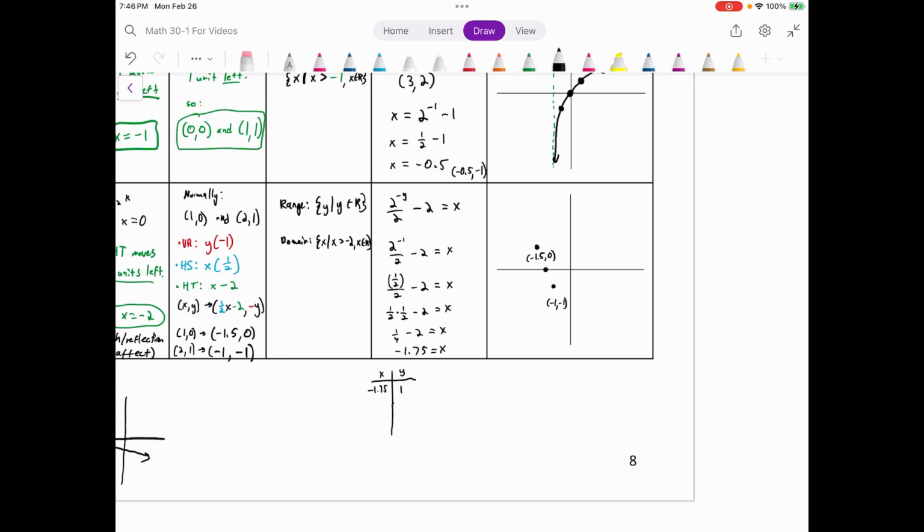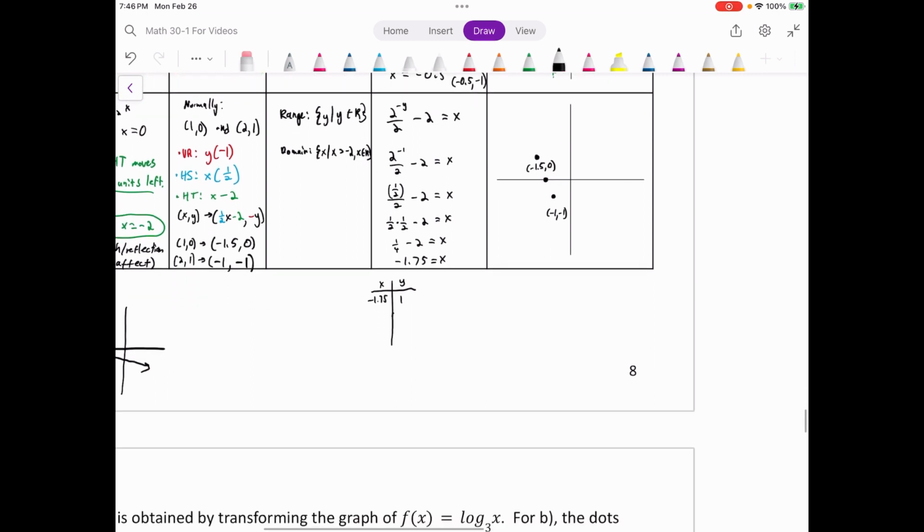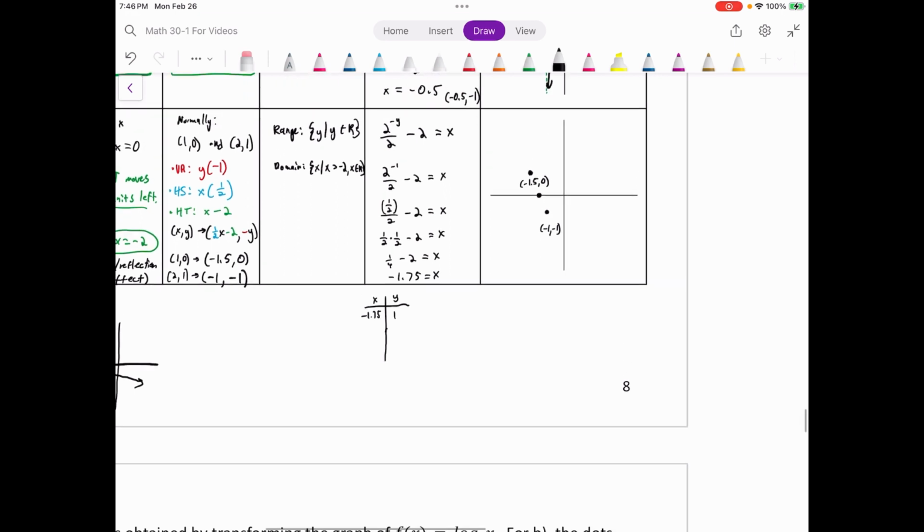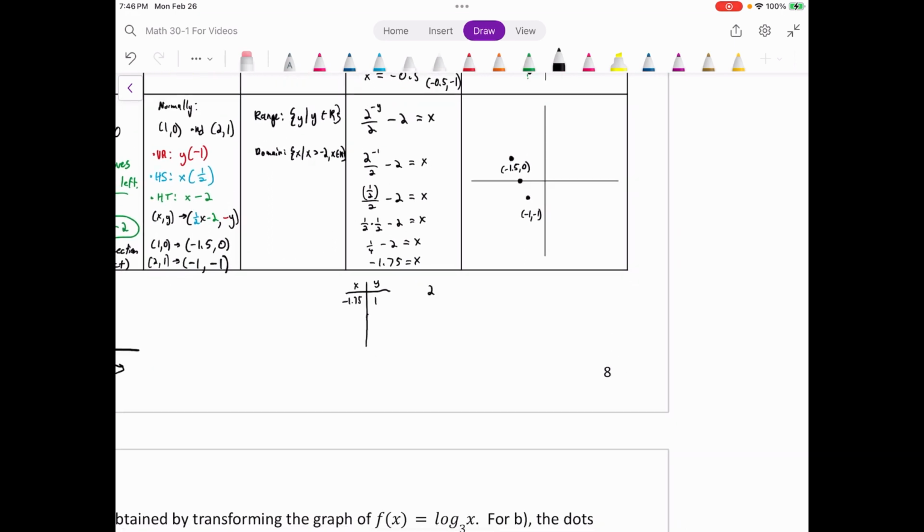How about when y is, actually no, let's do a negative y. How about when y is negative 2? We haven't looked at that one yet. We would have 2 to the negative 2 over 2 minus 2 as our x.